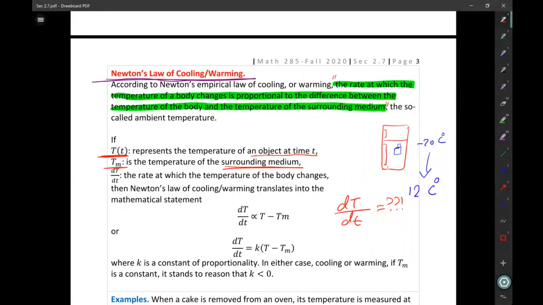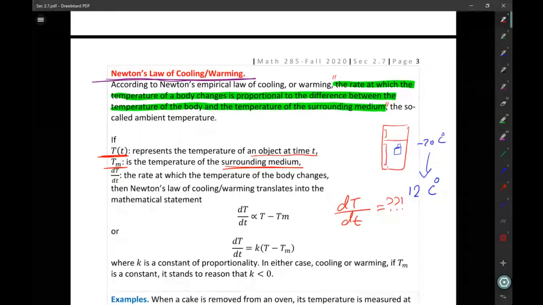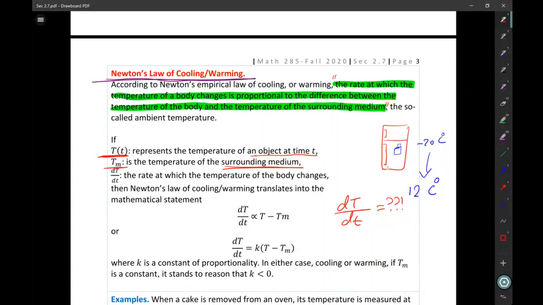We are differentiating a big T with respect to small t. Yes, okay, you differentiate, but in my question here, what does this mean? Who can answer? It's the rate of change of capital T, the rate of change of the temperature of the object with respect to the time t.